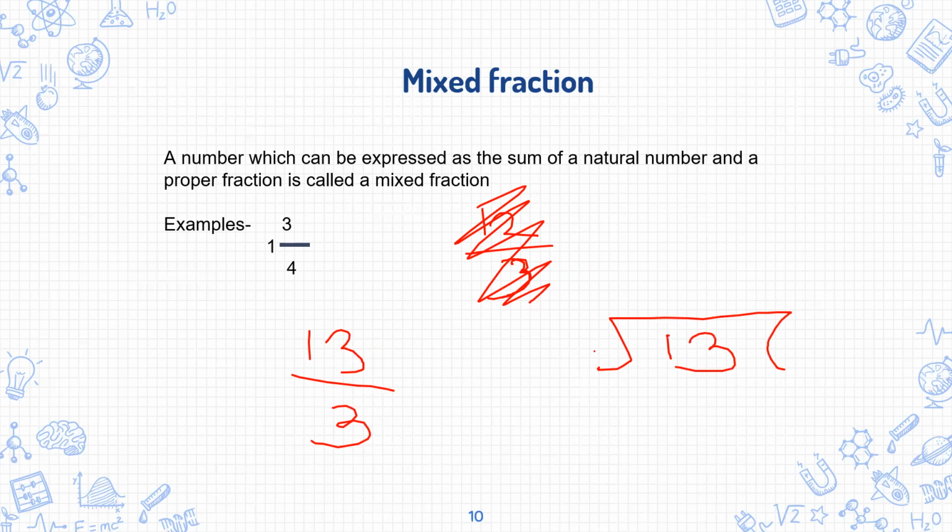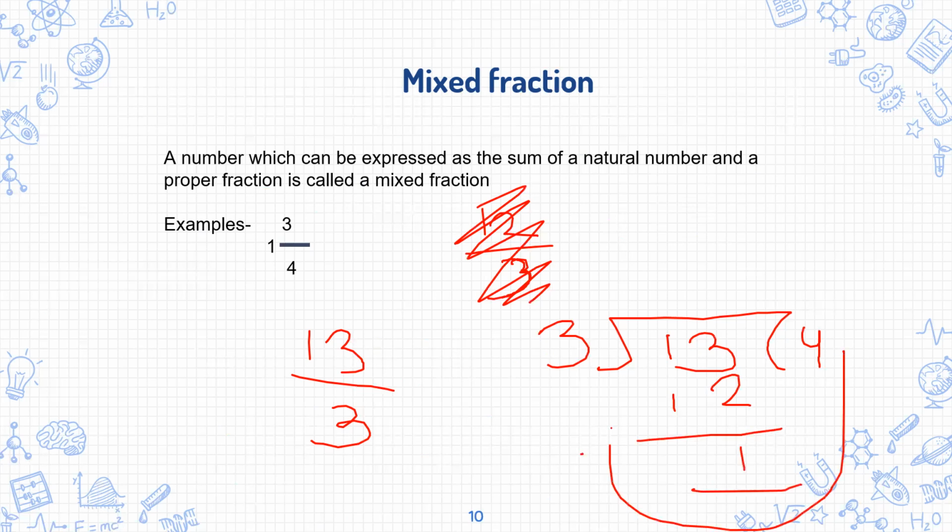We will divide this, and you will get 4 as the whole number, this 1 will be the remainder, which becomes the numerator, and this 3 will be the denominator as it is. Okay, this is how we convert it.